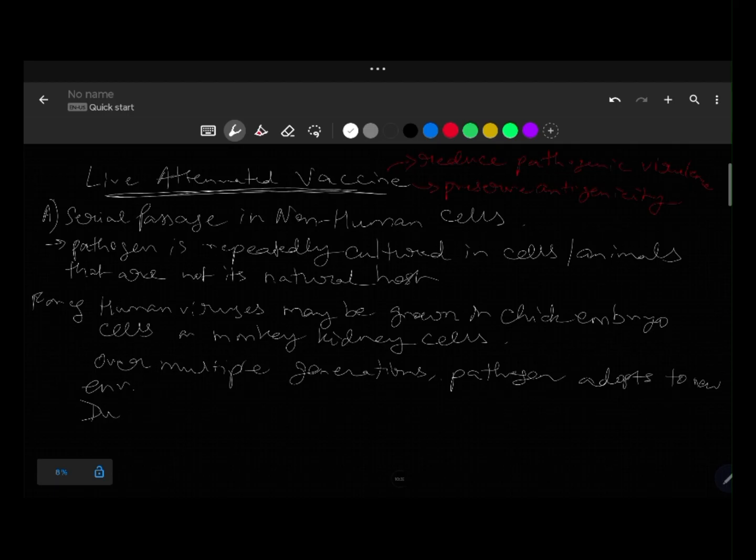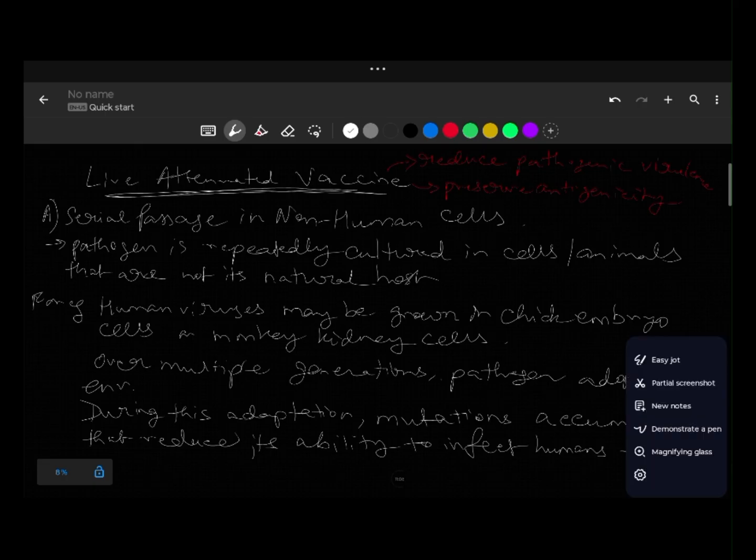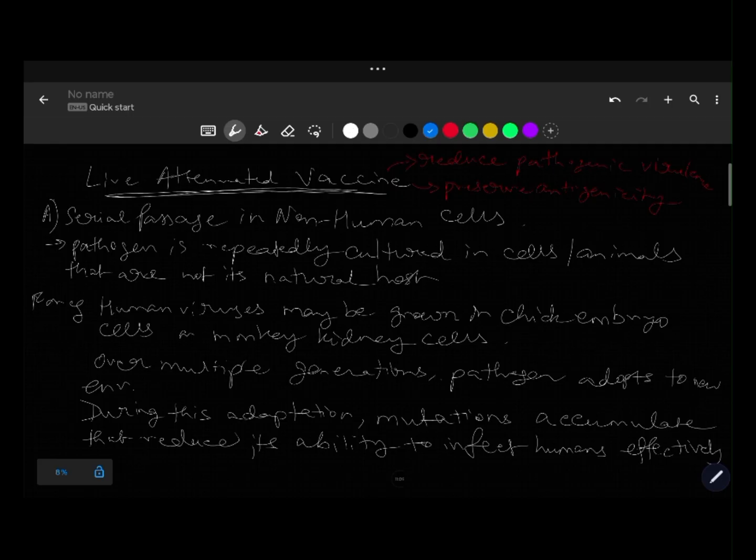During this adaptation, mutations accumulate that reduce its ability to infect humans effectively. So now you know why it loses its virulence. This process is called serial passaging.